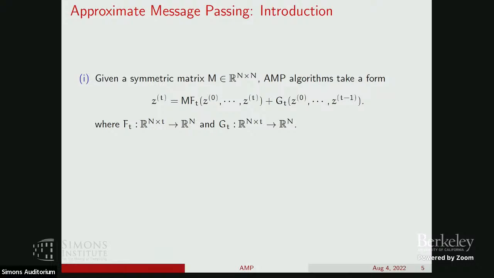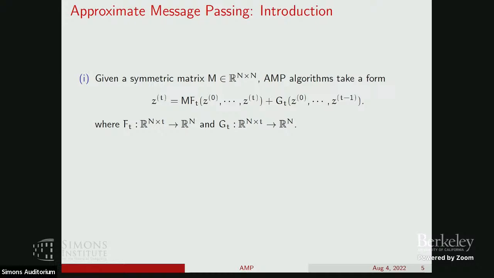At each step, you take your previous iterates and apply some nonlinearity coordinate-wise. Each of these Z_0 to Z_t, sorry, this should be t plus 1, is an n-length vector. You stack them together to get a matrix, and then apply the nonlinearity row-wise to each row.